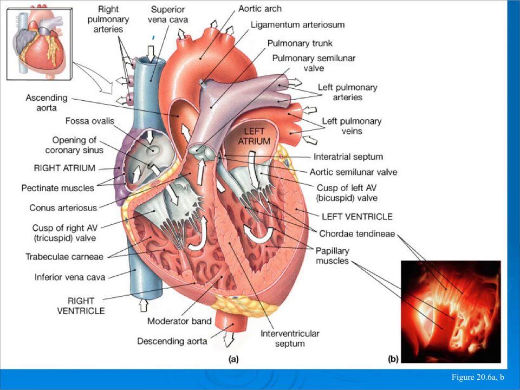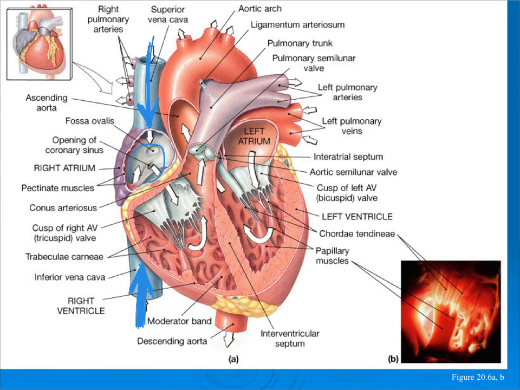Again, deoxygenated blood enters your body in the superior vena cava. It would be draining your brain, neck, upper thorax, and arms. You would also have deoxygenated blood coming from the lower body, lower extremities, including the legs, pelvic abdominal area, and lower thorax.